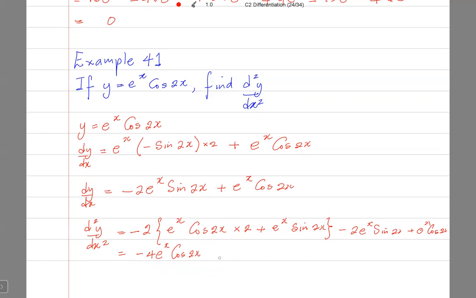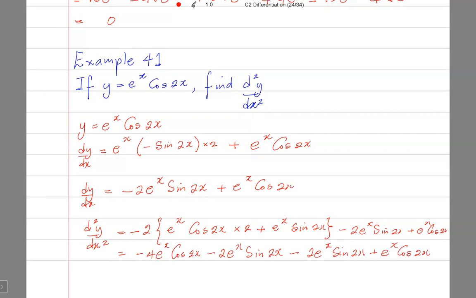This is minus 2 e to the x sine 2x minus 2 e to the x sine 2x plus e to the x cosine 2x.